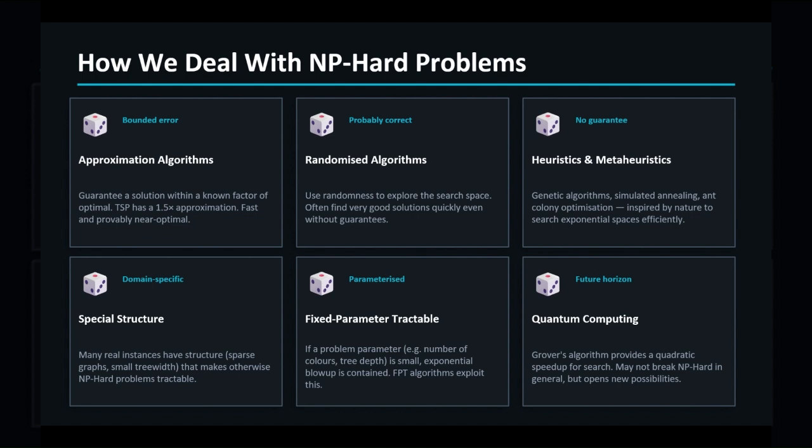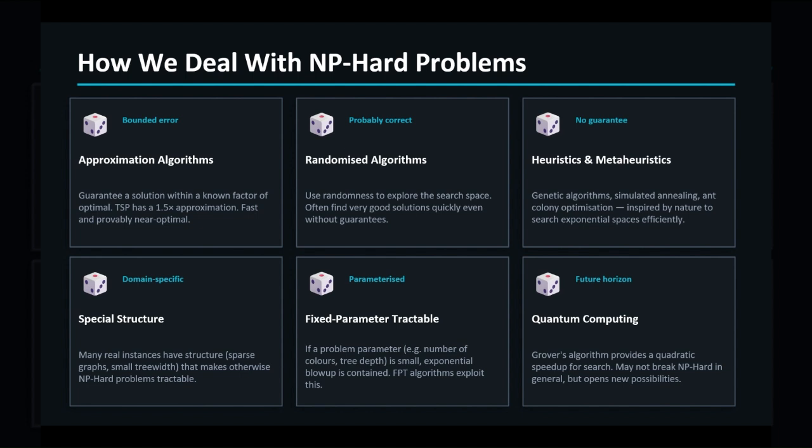Special structure. Many real world instances of NP-hard problems have hidden structure. A graph that looks general might actually be sparse or planar or tree-like. Exploiting that structure can make the problem tractable. Fixed parameter tractable algorithms contain the exponential blowup in a small parameter.